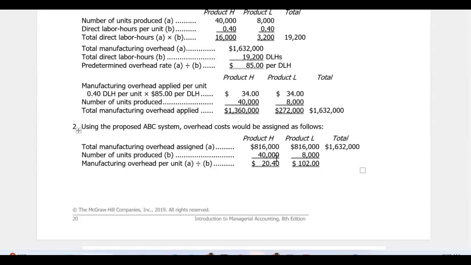To remember this, I always think about a waterfall. Water comes from high all the way down to low. That's how water flows, right? In a waterfall. Manufacturing overhead is something like that.